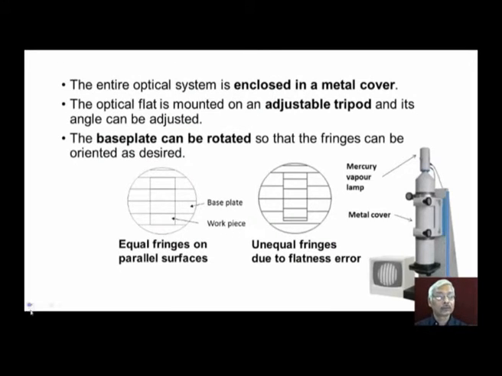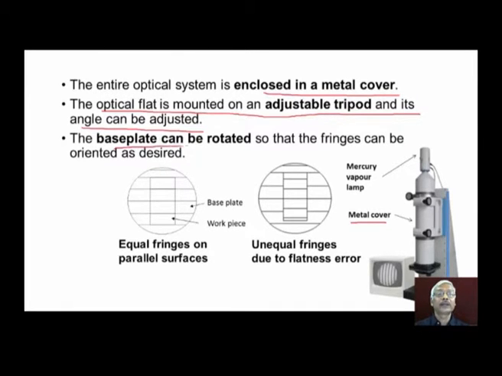Now the entire optical system is enclosed in a metallic cover. You can see here the mercury vapor lamp, and the entire optical system is enclosed in a metal cover. We can always adjust the height of this optical system to accommodate workpieces of different heights, and the optical flat is mounted on an adjustable tripod stand, and its angle can be adjusted to get the required fringe pattern.